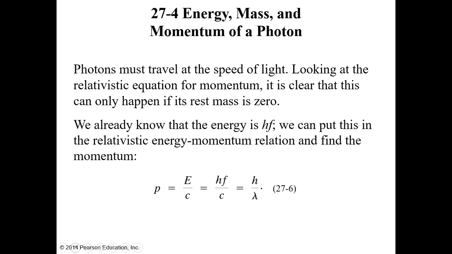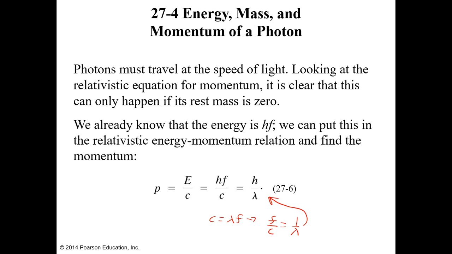To find our relativistic equation for momentum, relativistic momentum is energy divided by the speed of light. But energy we know is hf from Max Planck, and if you use the wave equation, c is equal to lambda f, well, that means that f over c then has to equal 1 over lambda.